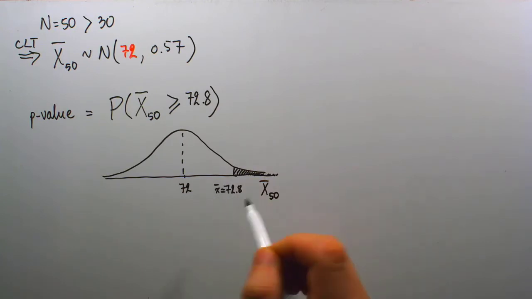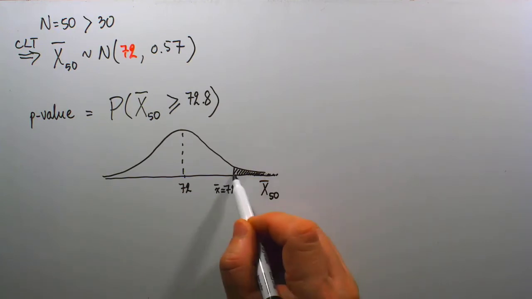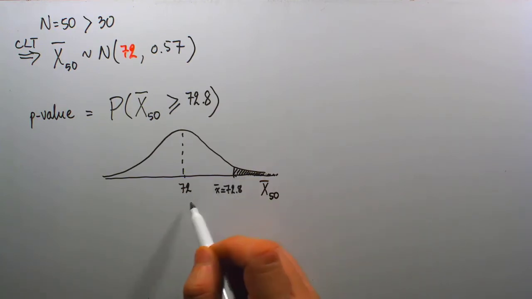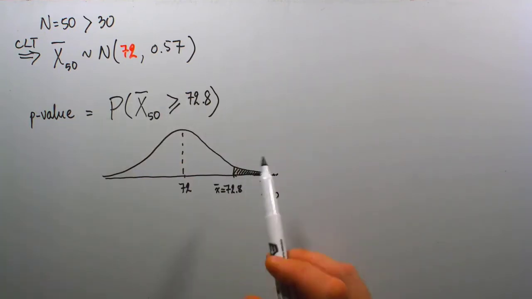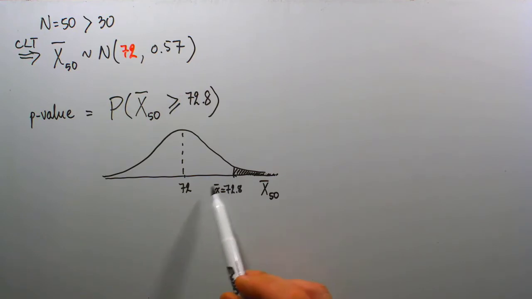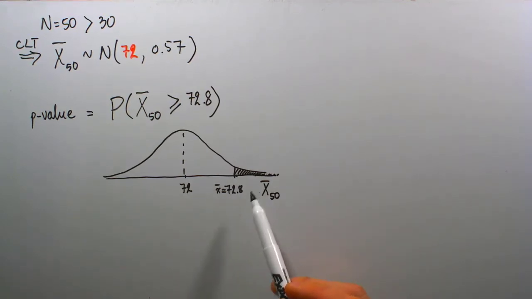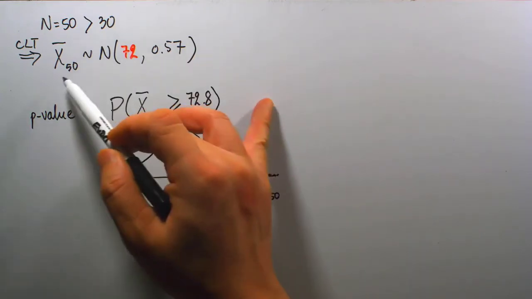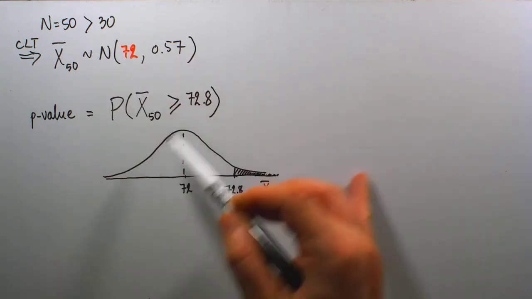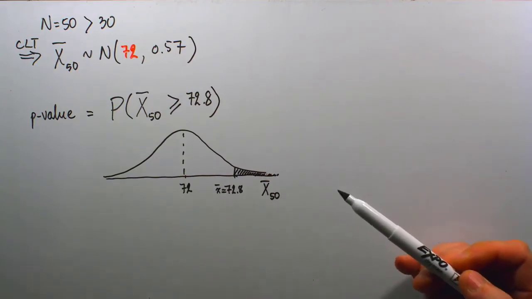So this value 72.8 is our sample mean somewhere to the right hand side of the bell curve, and the p-value set up this way was calculated as a bell curve problem. And it was all due to the fact that we have just now proven that all sample mean values are on a bell curve, a normal distribution.